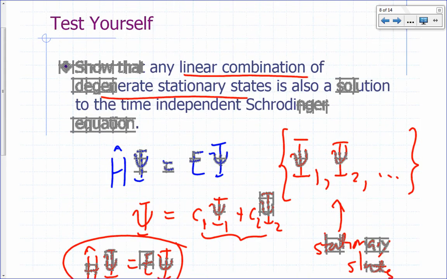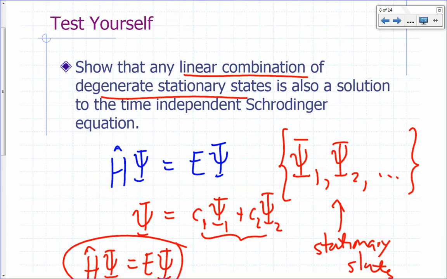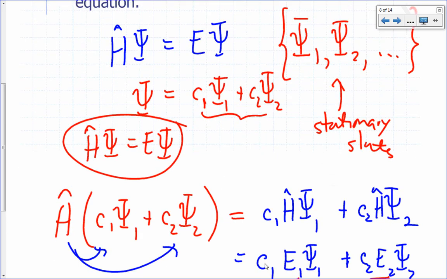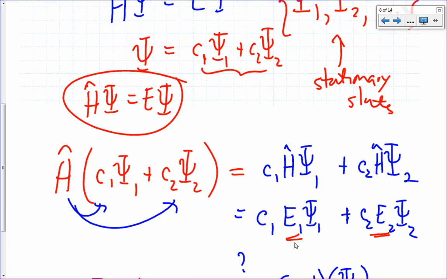If it's non-degenerate stationary states, you take the linear combination, then you end up with a psi that is not a stationary state. It's a psi that is not an eigenfunction. If E1 and E2 are not the same, then you cannot write the overall psi as a function of coordinates times a function of time.